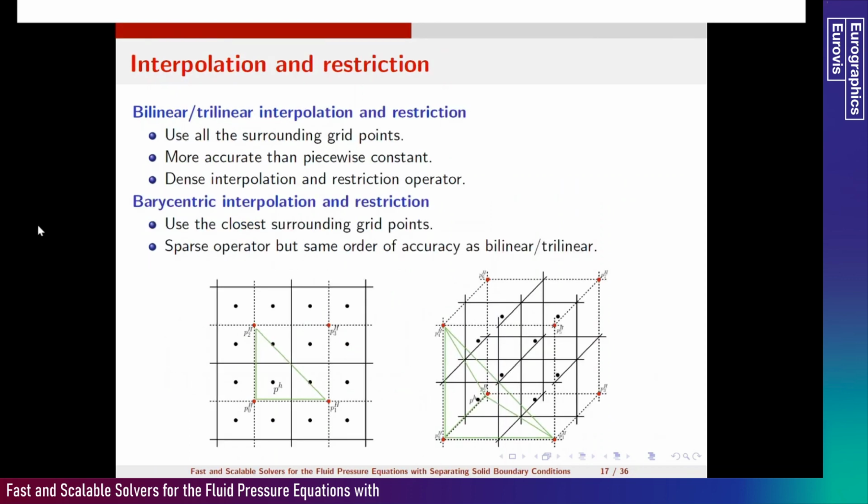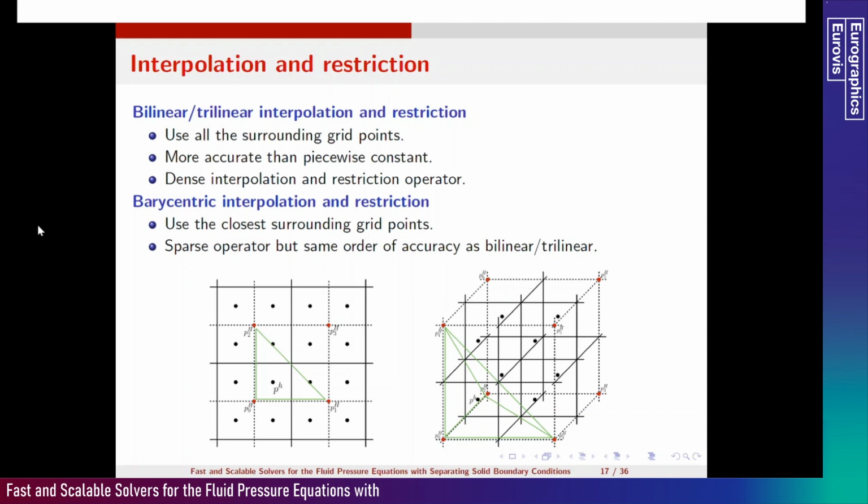The bilinear in 2D and the trilinear in 3D use all surrounding points for interpolation and are more accurate than the piecewise constant. However, the dense interpolation and restriction operators can make the construction of the coarse grid matrix expensive.